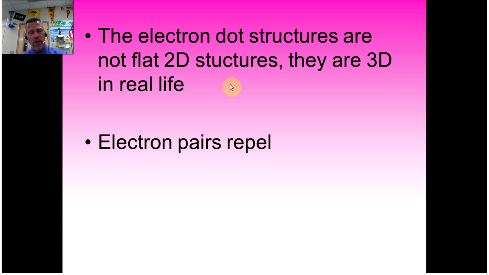And the structure or the configuration that a molecule takes is driven, at least in large part, by its electron pairs in the valence shell because they push each other away.